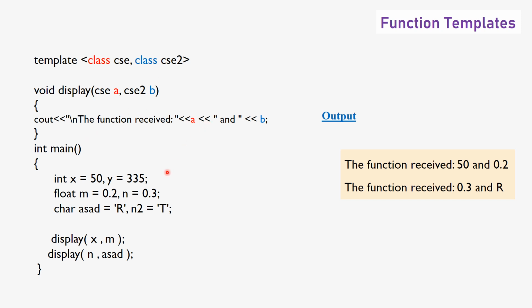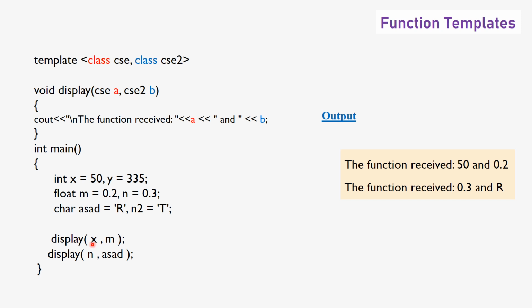Again, we have two integer variables, two float variables, and two character variables. Then we have two statements, and we are calling the display function twice. For the first call, we are passing an integer and a float.